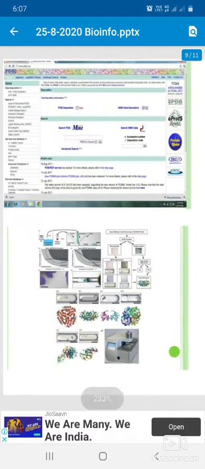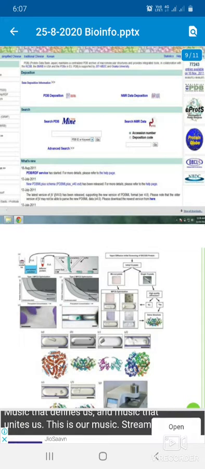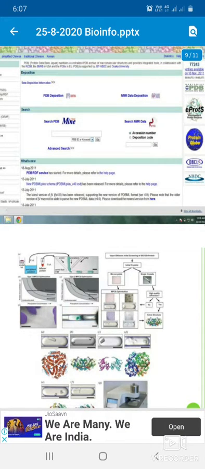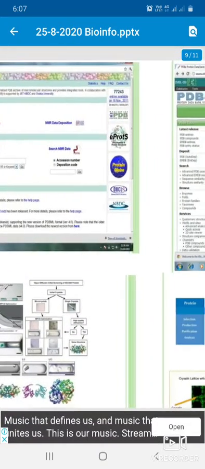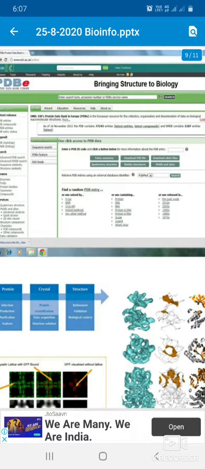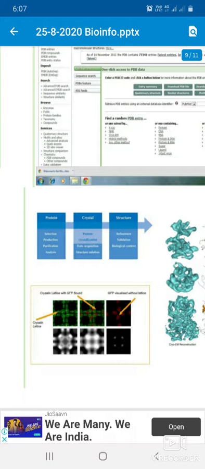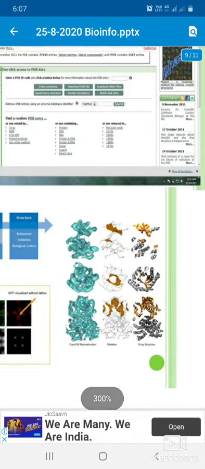These are the searching toolbars, and you get a large number of protein data bank 3D structures, particularly from all kinds of microorganisms. You can understand and identify a lot of information, particularly the crystal structure of proteins. See the 3D structures of the protein molecules.